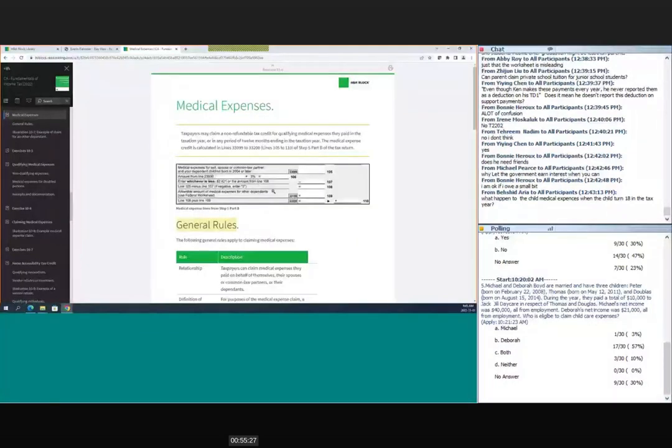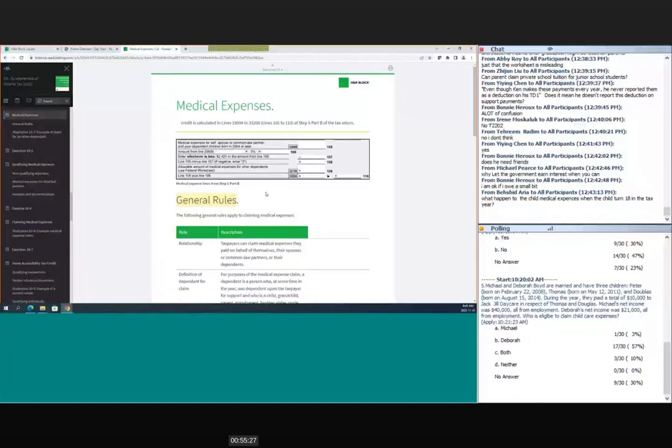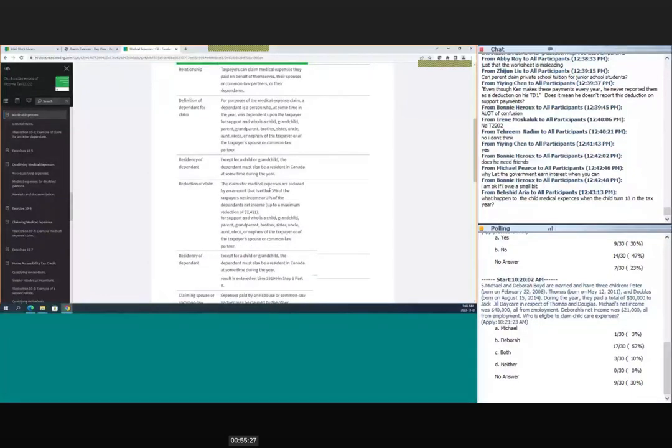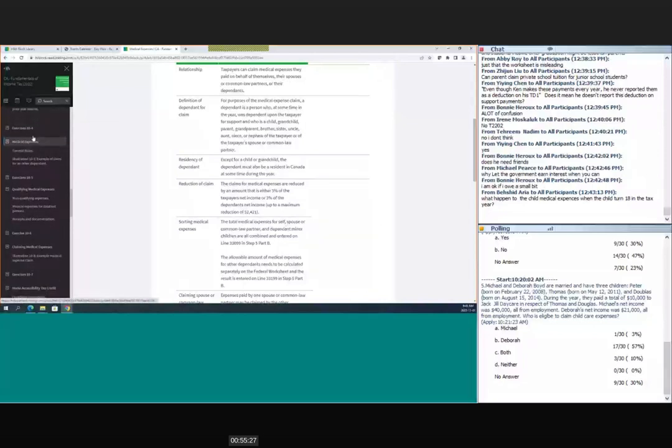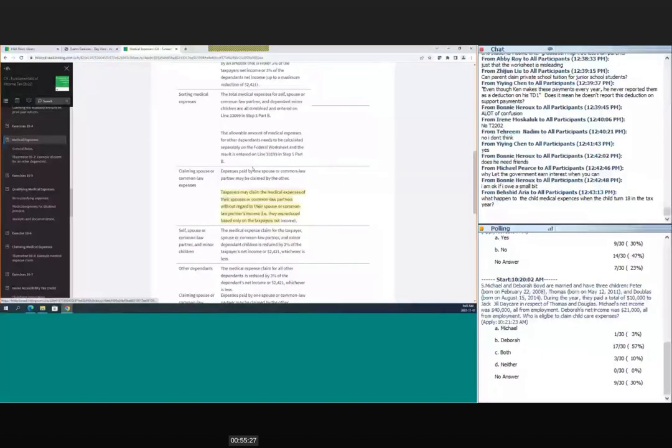So I would think that it was if you're 18 in the year. It doesn't actually say that, does it? Medical expenses. I thought we just saw this earlier. Let's have a look here. We had an example of a dependent.